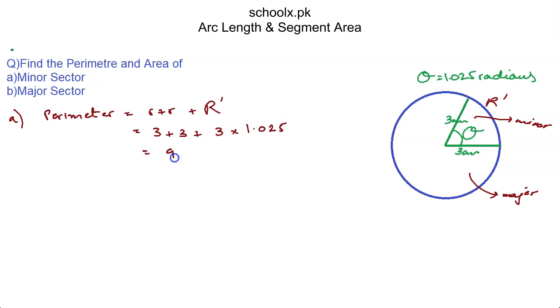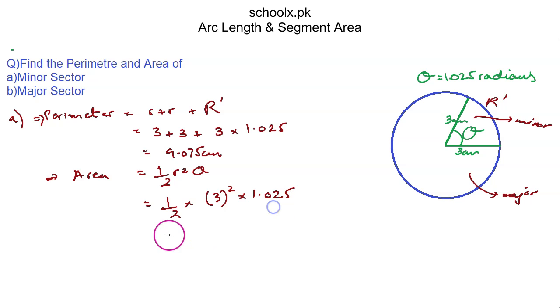Our answer is 9.075 centimeters. Now the area will be half r squared theta, right? So 1 by 2 into r squared into 1.025. This gives us 4.6125 squared centimeters.